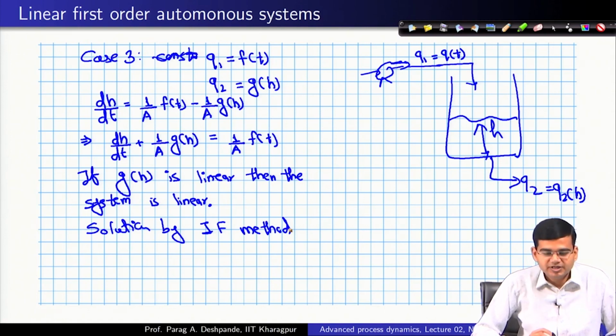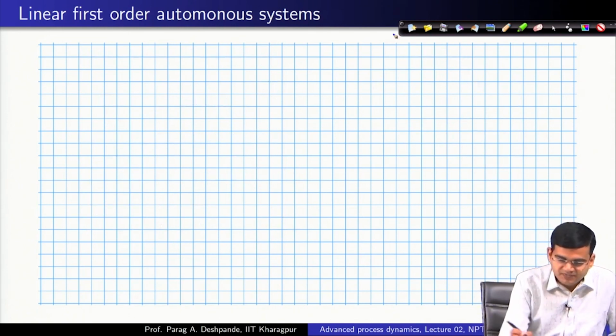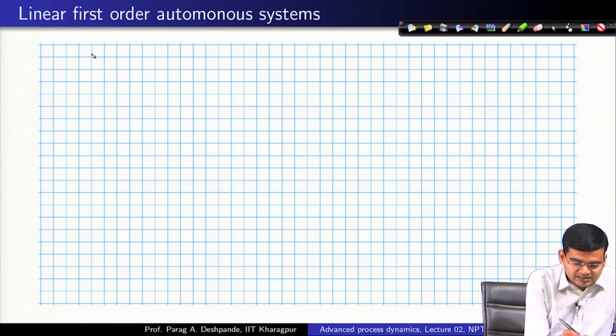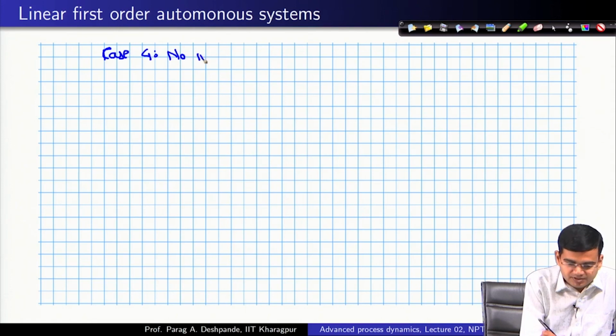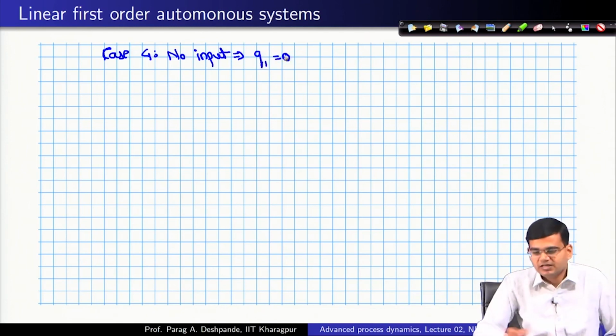Okay. So, now we finally take one case, case 4, no input, which means Q1 is equal to 0. Okay.